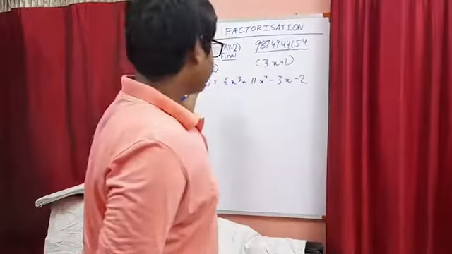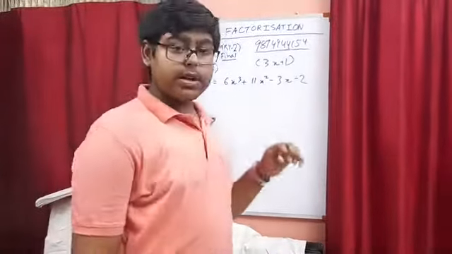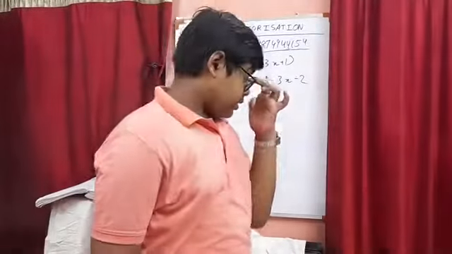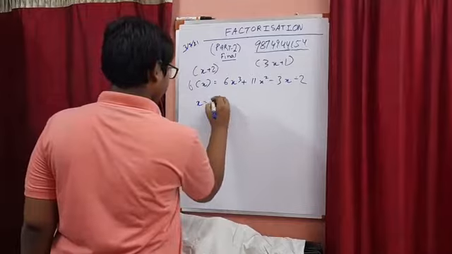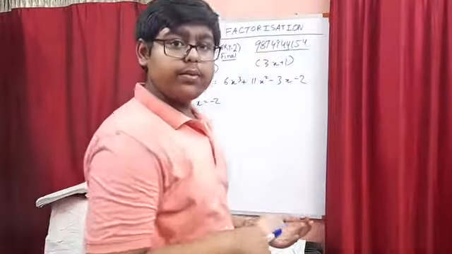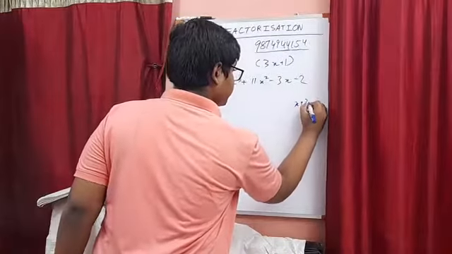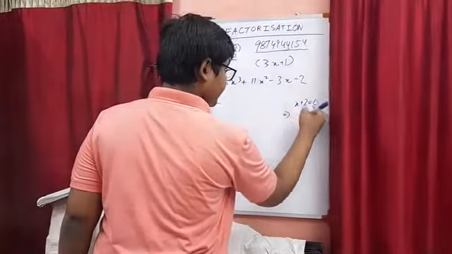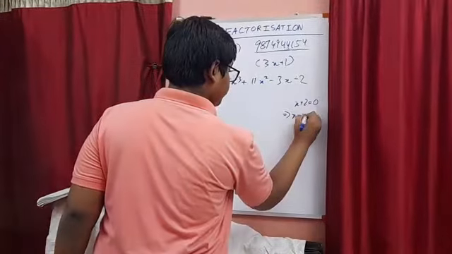Now here they have given us that these two are the factors of this equation, which means that if we take these two as equal to 0, where x plus 2 is equal to 0, therefore 2 will be moved to the other side, x is equal to minus 2.